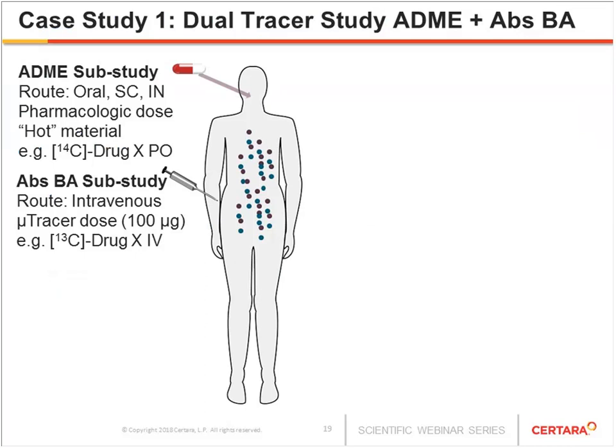Essentially, this consisted of the administration of a hot material, or C14 labeled drug, orally, and that would represent our ADME sub-study. At the same time, the administration of the intravenous microtracer dose would happen almost simultaneously, thereby we would have both isotopomers happening at the same time.